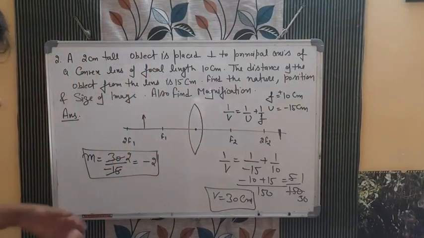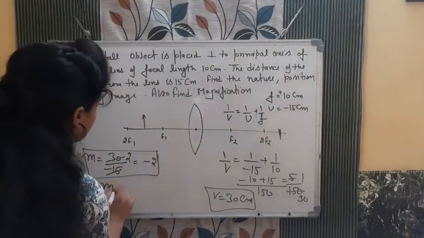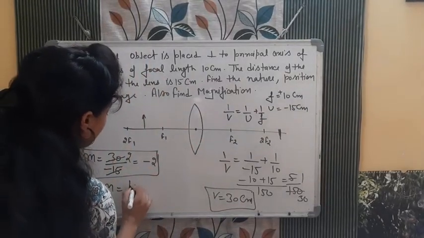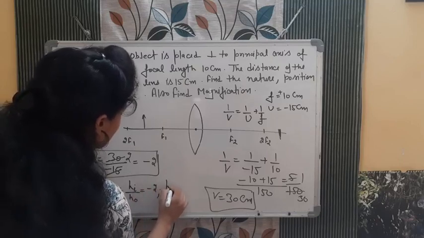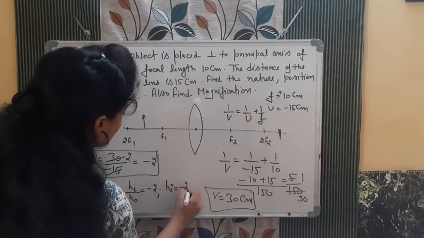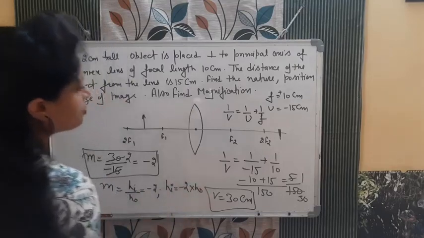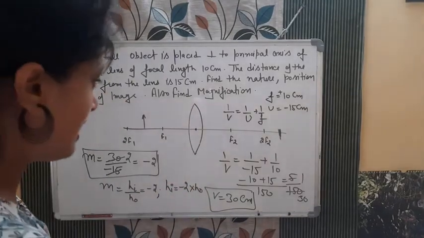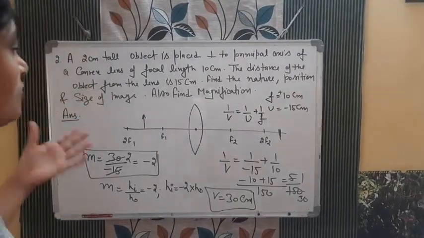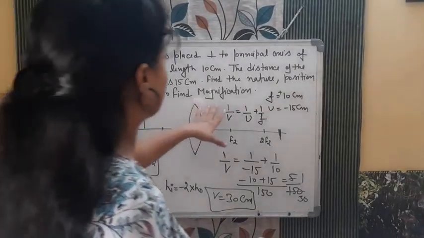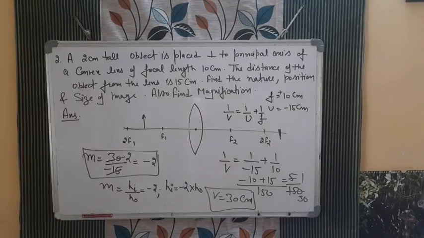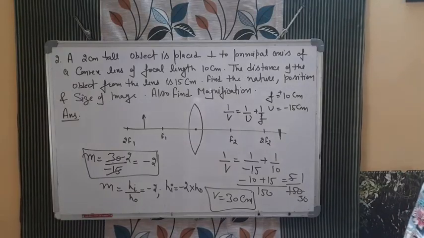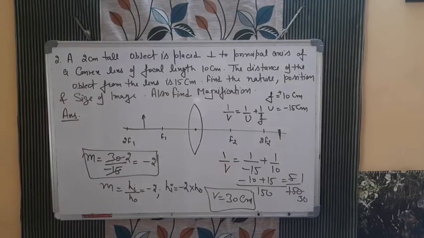So from here, M is equal to HI by HO is equal to minus 2. So HI will be minus 2 into HO, that we can calculate. So from this formula also we can get the magnification, we can get the nature, that is real, inverted, and position and size of the image also in comparison of the size of object.